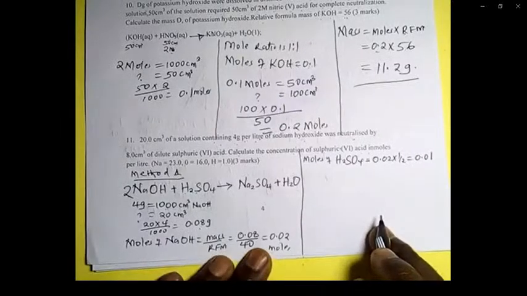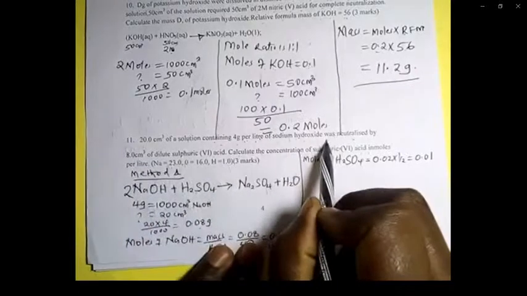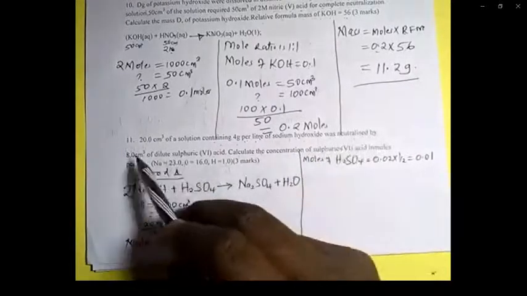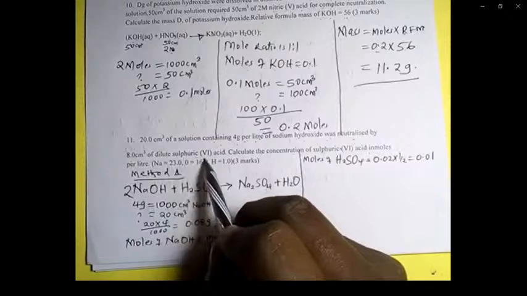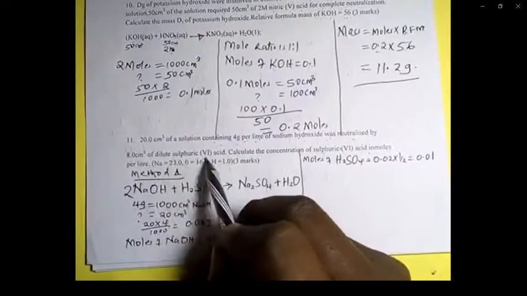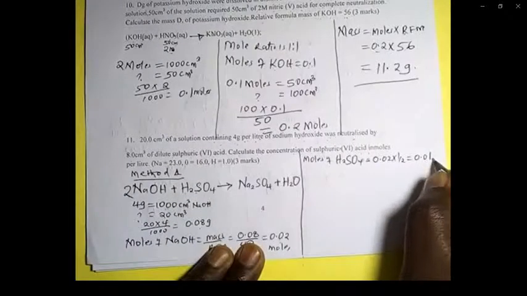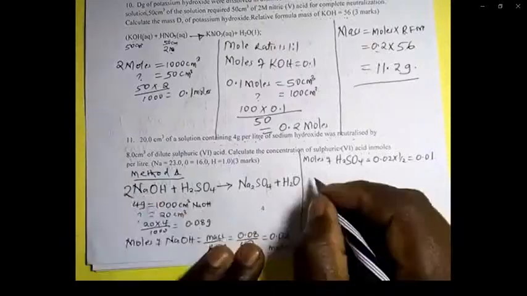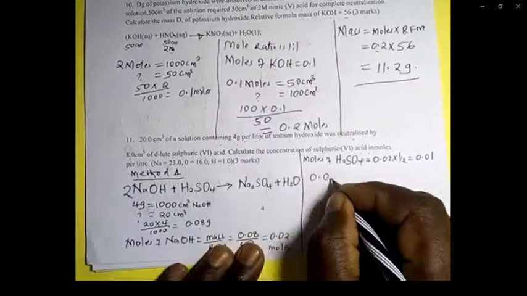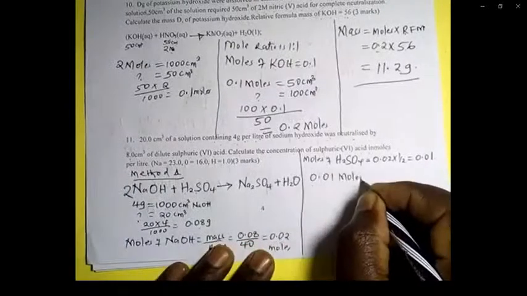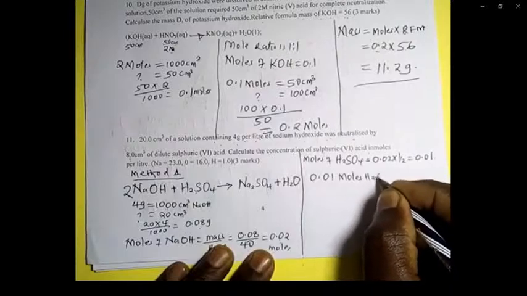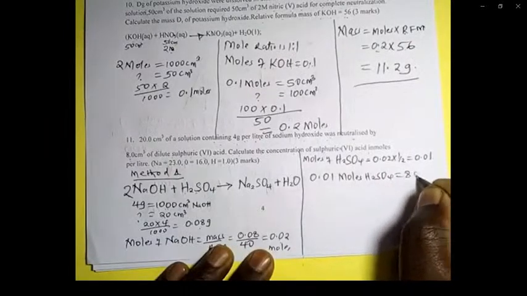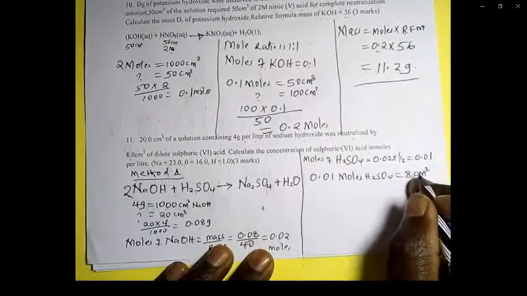Now we have the number of moles of sulfuric acid, and we know the volume of sulfuric acid that was used to neutralize it was 8 centimeters cube. So 0.01 moles of sulfuric acid are contained in 8 centimeters cube of volume.